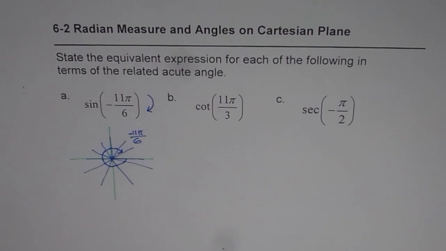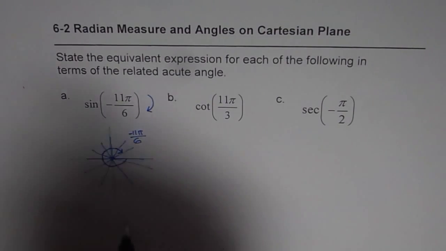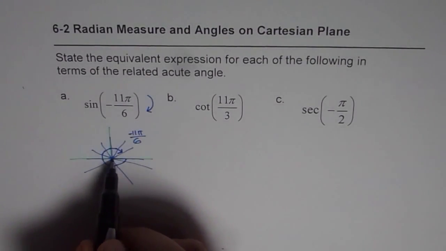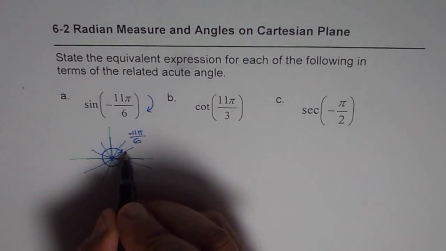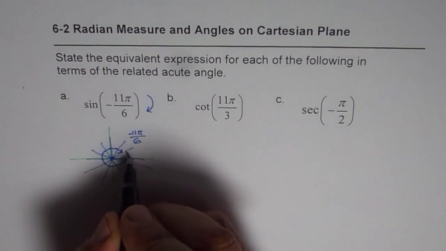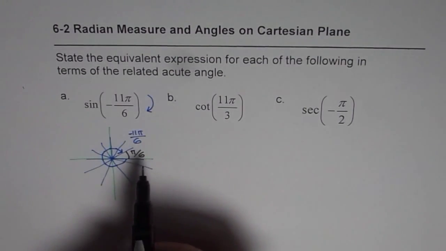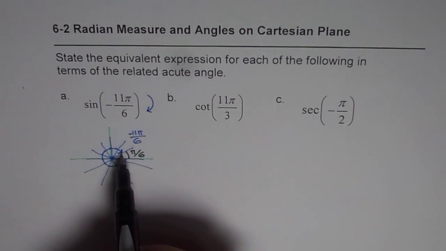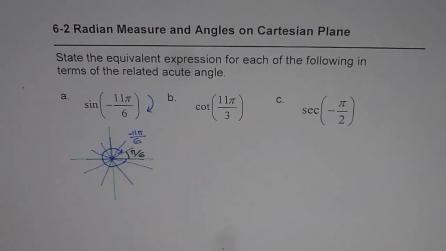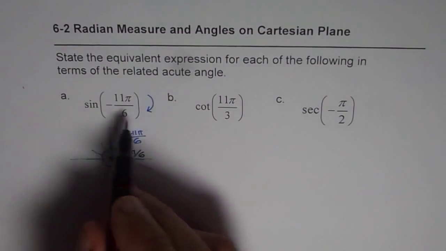As you can see here, the related acute angle, which is always the angle with the horizontal, in this case will be pi by 6. Okay? Now, since we are in quadrant 1, sine value is positive. So we'll use the CAST rule and then figure out what should be the sign.